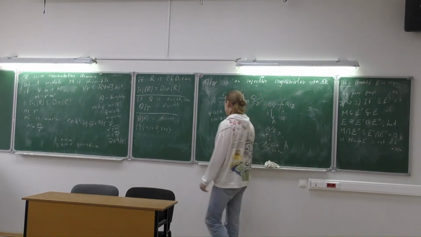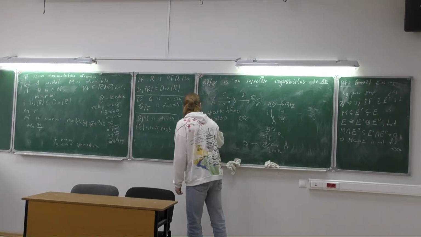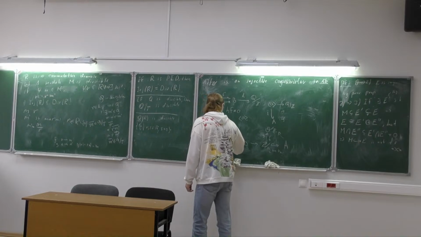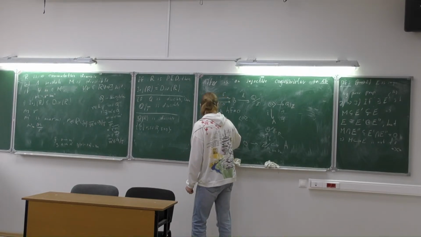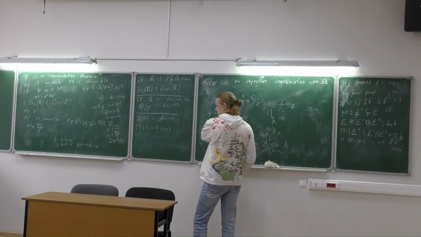Well, then we can draw a diagram for Q over Z. We want to find this hypothetical H such that HF is not 0.